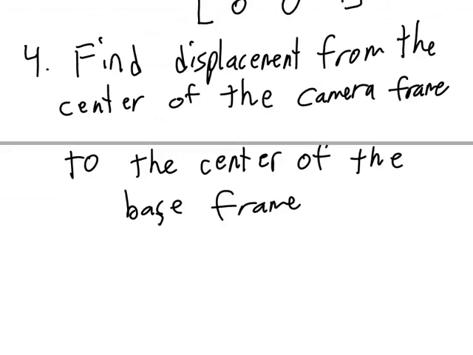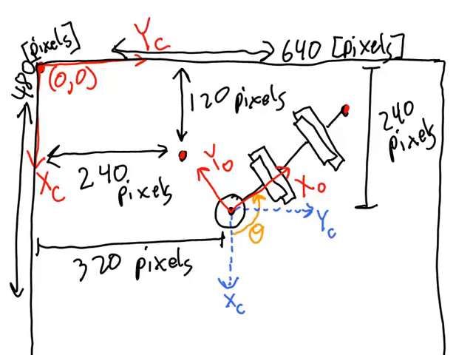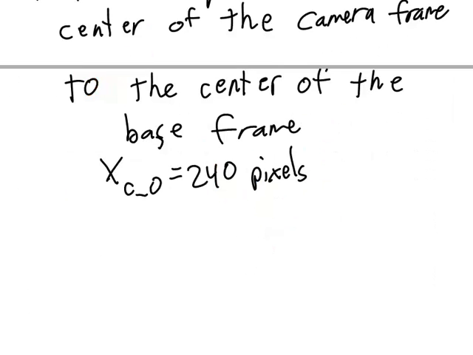Since we called the horizontal direction y and the vertical direction x, we need to use that knowledge here when we find the displacement. The x displacement from C to frame 0 will be 240 pixels converted to the physical units.